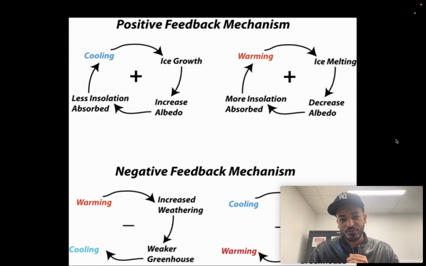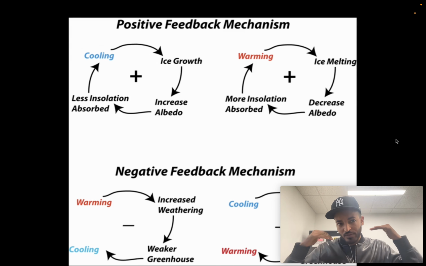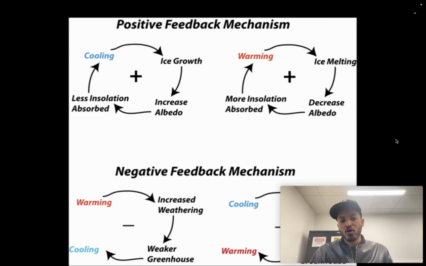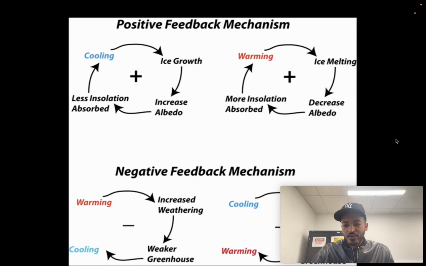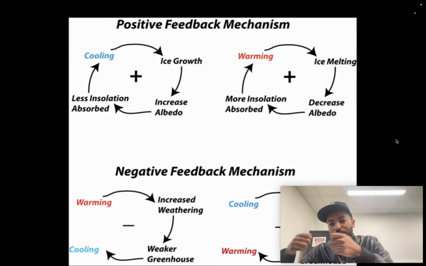Like I mentioned briefly last lecture, there is the positive feedback mechanism, and then there's also the negative feedback mechanism. What I mean by positive feedback mechanism, or positive feedback loop, is when we have a case where the original signal ends up being amplified, right?